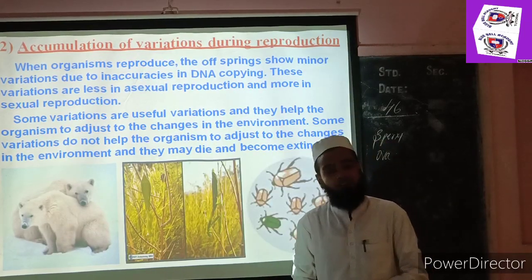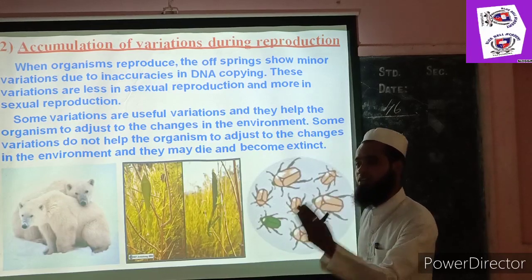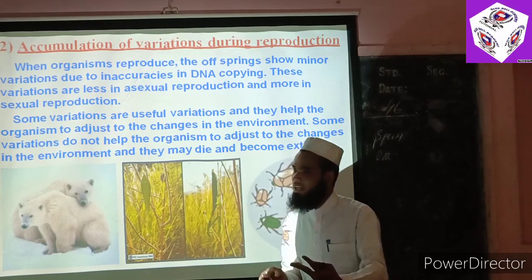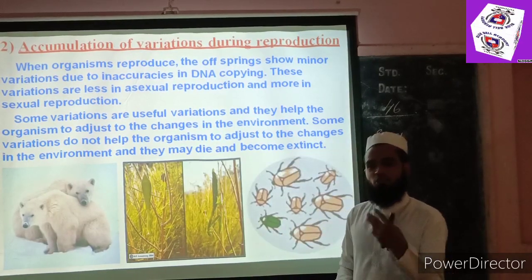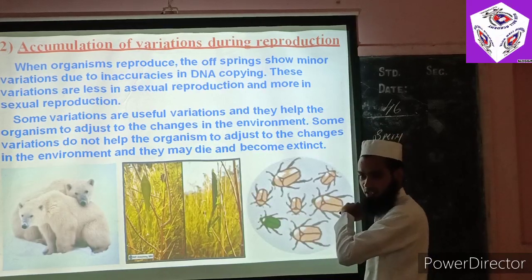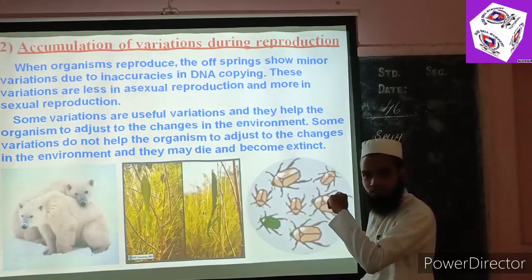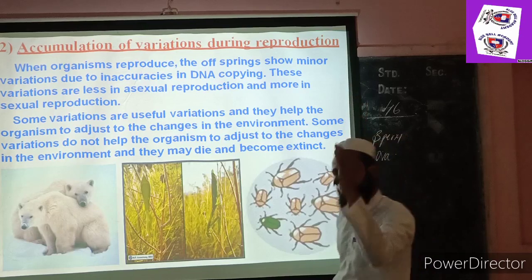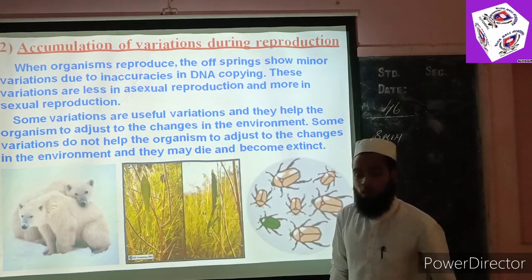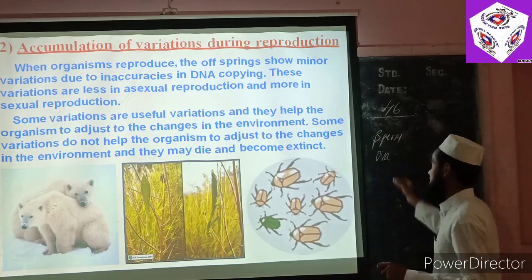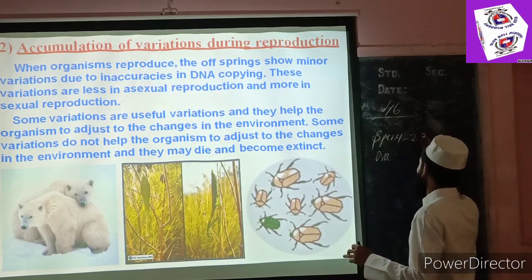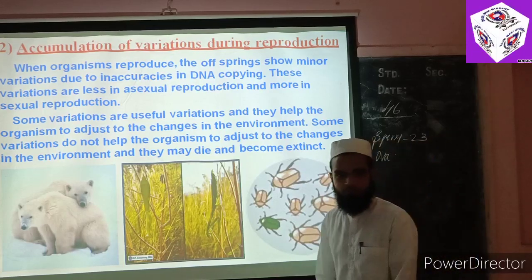Inside the nucleus we have a chromatin network, and during cell division this chromatin network winds up into chromosomes, and the chromosome contains a genetic material called DNA. In almost all our body cells we have 46 chromosomes, but especially in the case of the sperm and the egg there are 23 chromosomes.